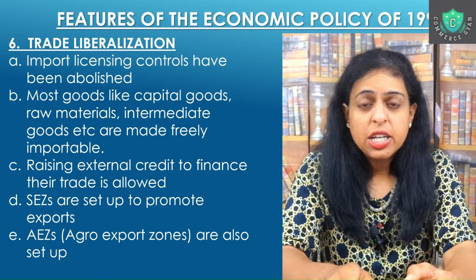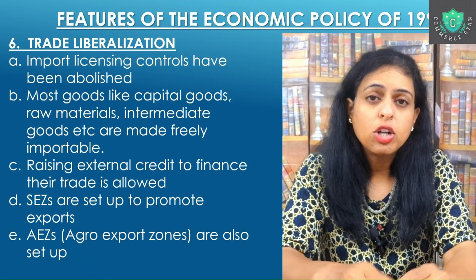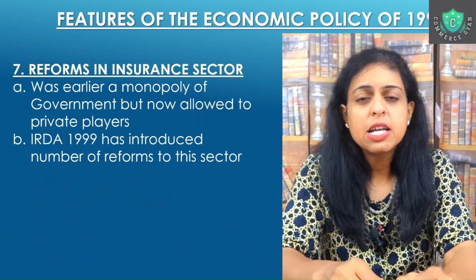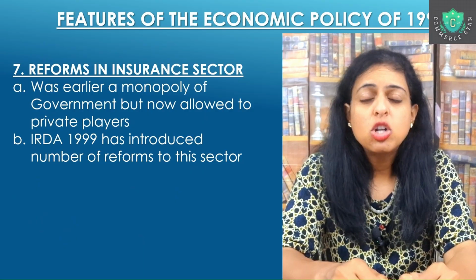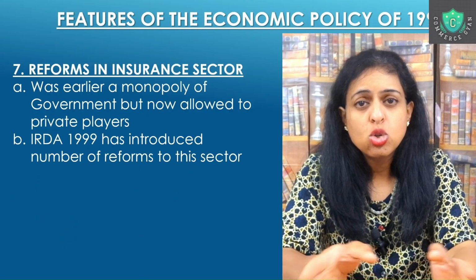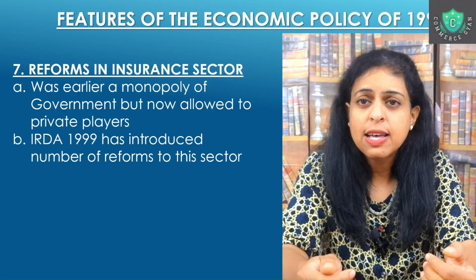The seventh one connects to the insurance sector. This particular feature is very important because earlier only the public sector was into insurance, but after this policy came up, the insurance sector was also open to private players. So a broadened avenue for insurance covers was there.